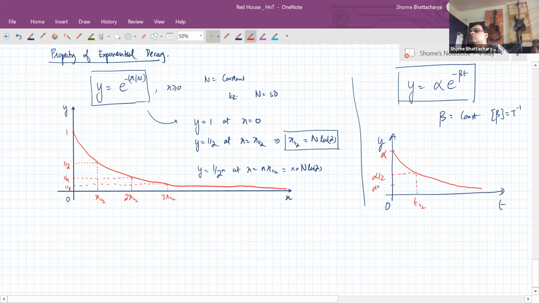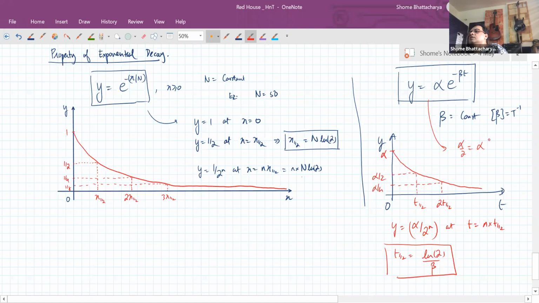Then it would drop to 1/4 of alpha at a time which would become 2 times this half-life. And like that, it would drop to alpha by 2 to the power n at a time which was equal to n times half-life. And this half-life would be equal to ln2 by beta, which you can see from this. You can see that alpha by 2 is equal to alpha e raised power minus beta into t half. So t half is ln2 by beta.